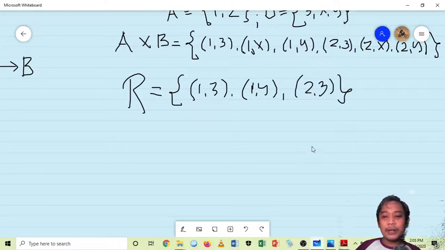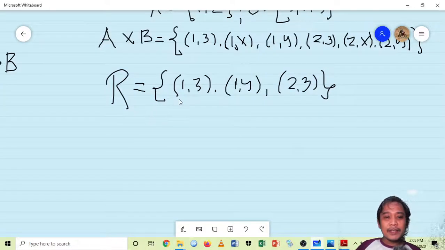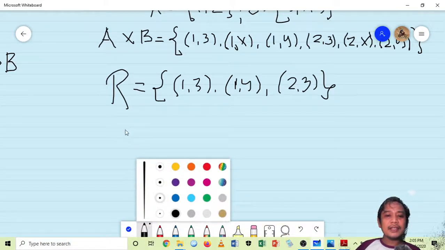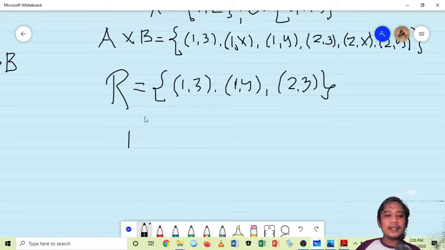So again, we have R. R here is a relation containing elements 1, 3, 1y, and 2, 3. So, here, since 1, 3 is in R, we could also say that 1 is related to 3.